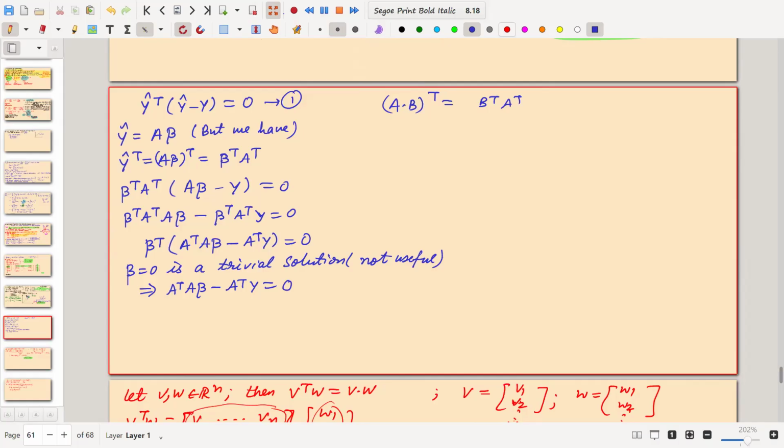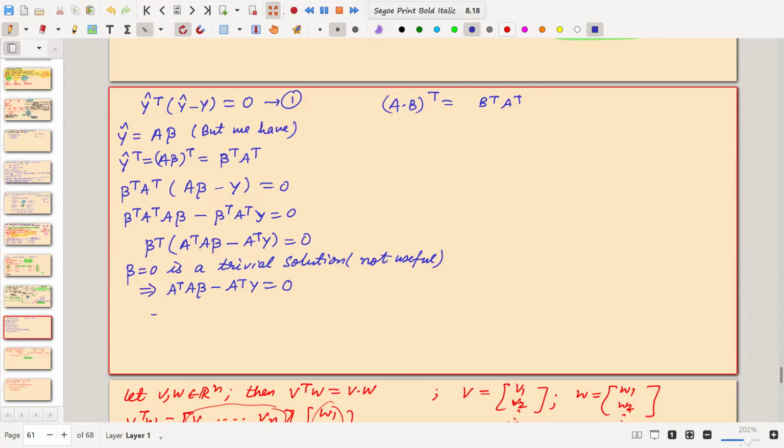Our whole regression idea yesterday also was to find the regression coefficients. We wanted to find W0, W1. Today we are going to find all the regression coefficients, alpha 1, alpha 2, and so on. But alpha 1, alpha 2, up to alpha n are packed in the vector beta. We have to find the vector beta now. So can we find the vector beta from this?